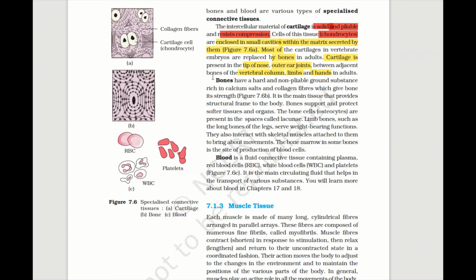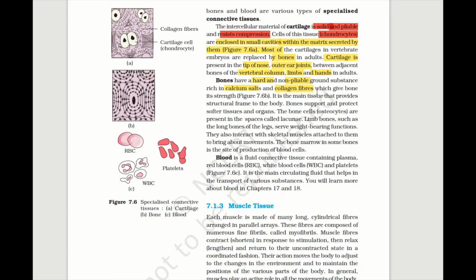So let us come to bone. Bone has a hard and non-pliable ground substance. It is not flexible. This matrix or ground substance is made up of calcium salts and collagen fibers.